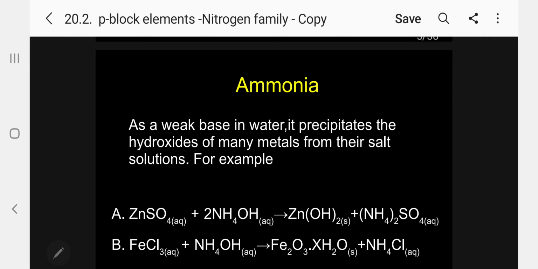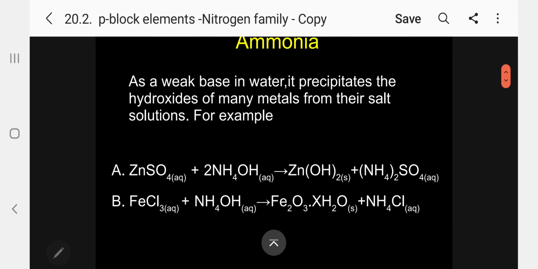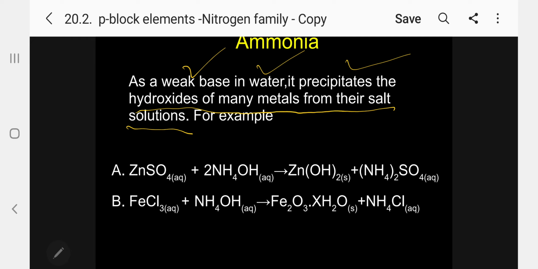Here I want to give one piece of information. As I already told you, as a weak base in water, it precipitates the hydroxides of many metals from their salt solution. For example, zinc sulfate, when you treat with ammonium hydroxide, zinc hydroxide is precipitated. Ammonium sulfate is water soluble.